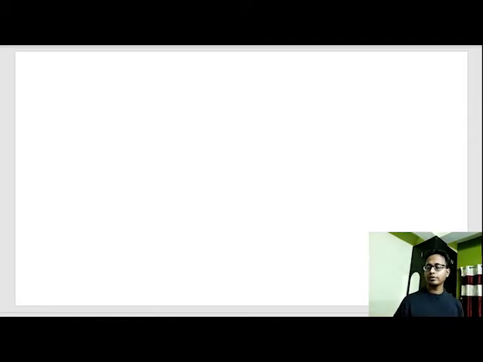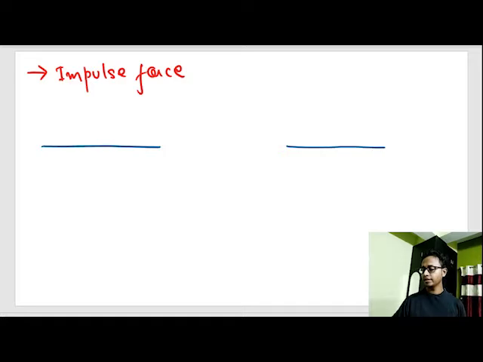Now we'll study a little bit about something called impulse force. Okay, now imagine two scenarios. On the left hand side, I kept a body. Now I believe in effort, so I'm pushing it to move the body.